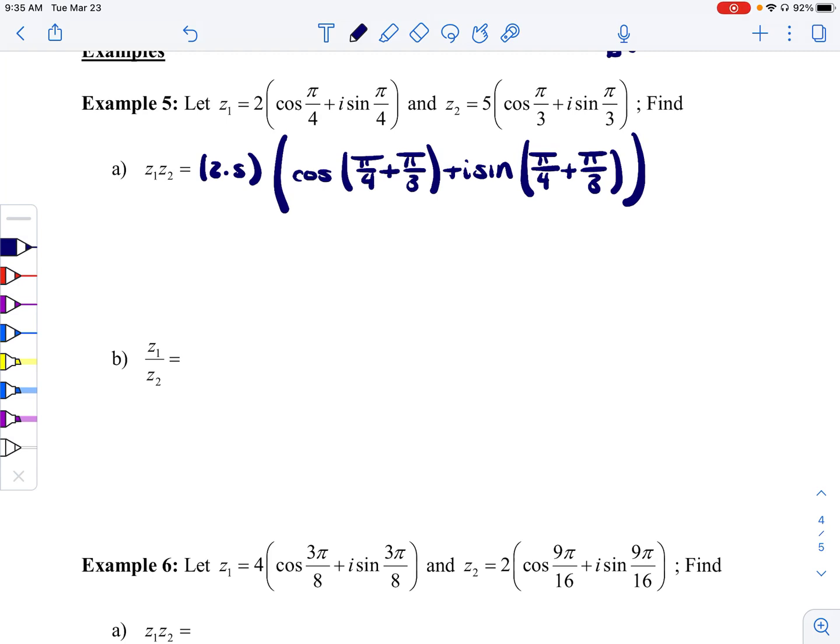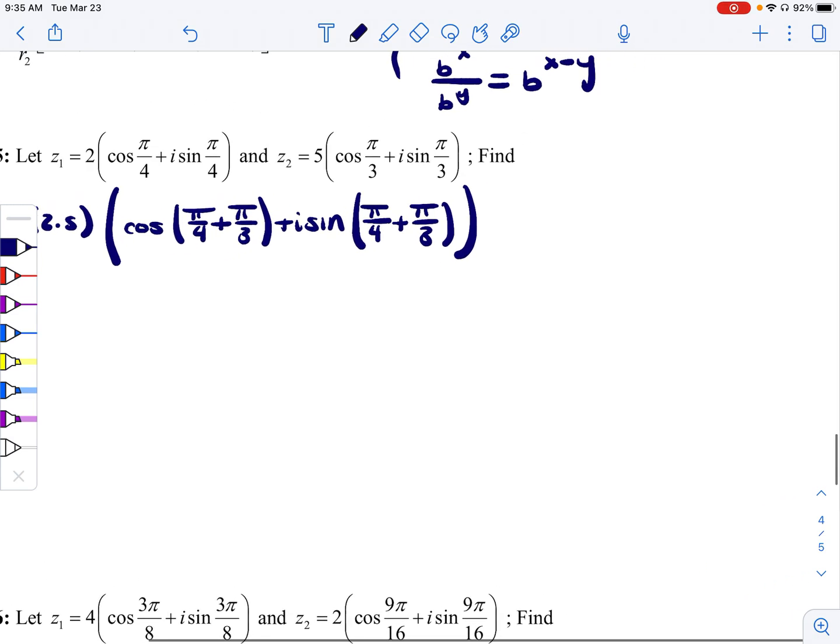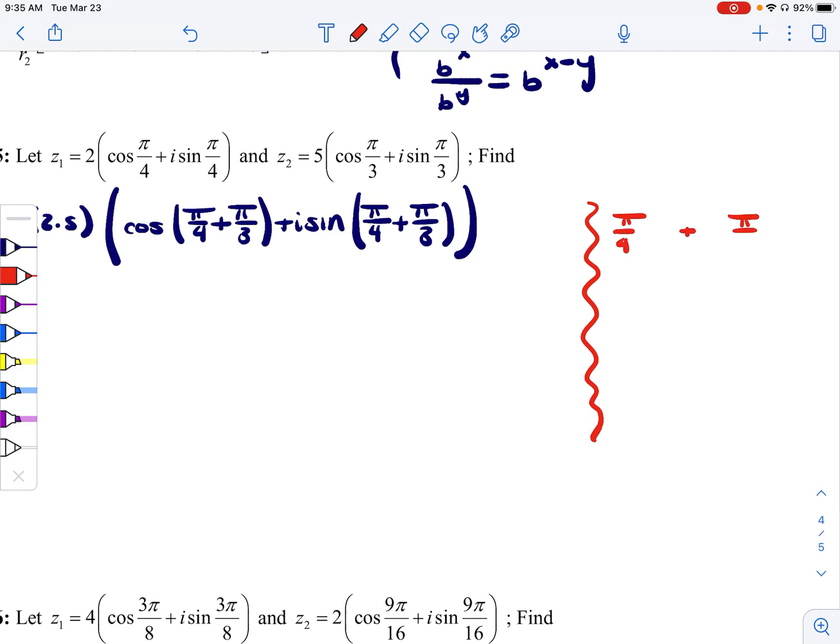Now we need to actually add these together. If you need to do scratch work on the side, you can. So pi over 4 plus pi over 3. Remember, when adding or subtracting fractions, find a common denominator. In this case, our LCD would be 12.